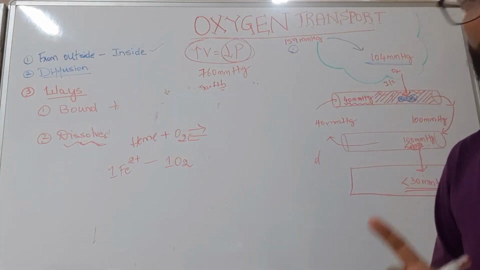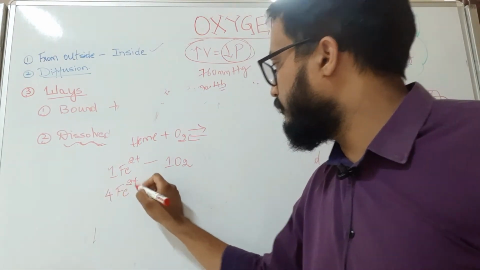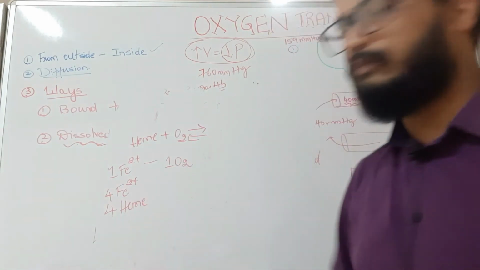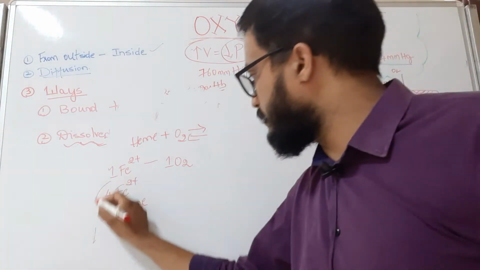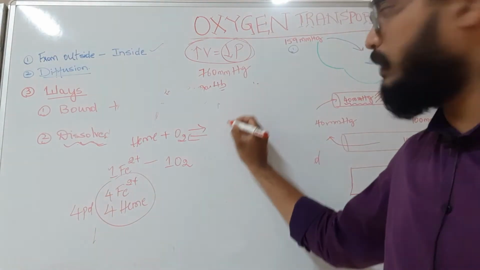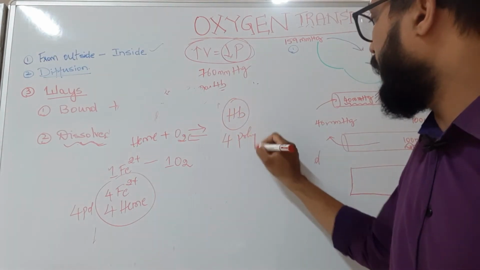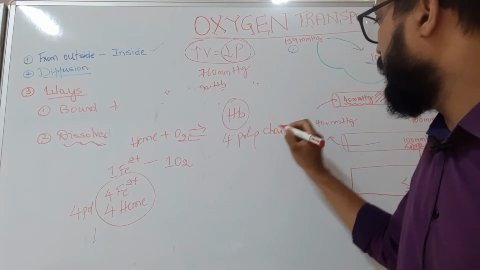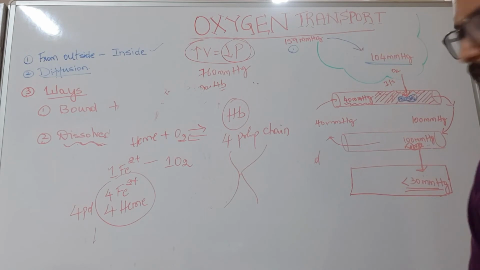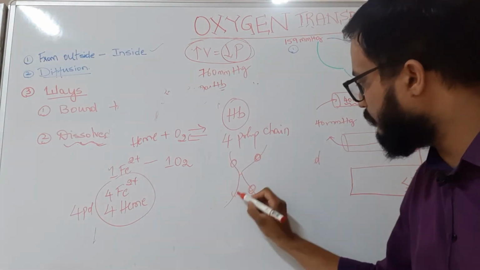So in a hemoglobin molecule there are 4 iron, or in other terms 4 heme molecules, which are found in the 4 polypeptide chains. One hemoglobin molecule has got 4 polypeptide chains: 1, 2, 3, 4. Each polypeptide chain consists of one heme molecule.